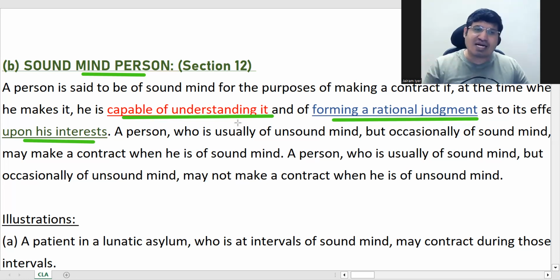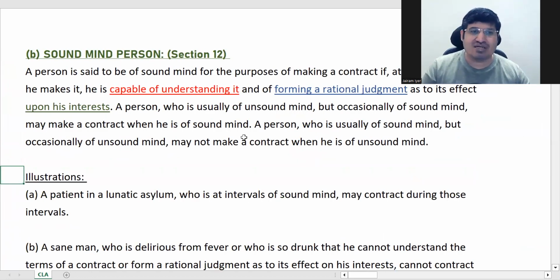Then for contract act, he is an unsound mind person. So remember that. Unsound mind doesn't mean lunatic and he is there in the lunatic asylum. Sound mind here is anyone who is capable of understanding a contract and forming a rational judgment on it.